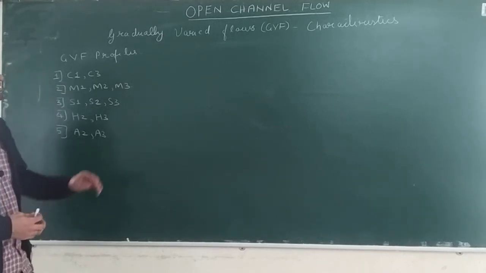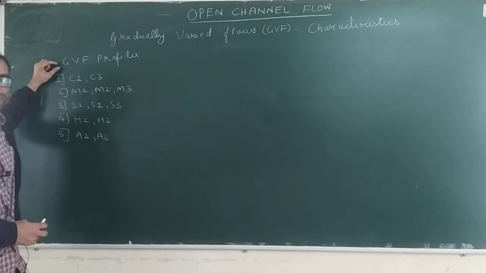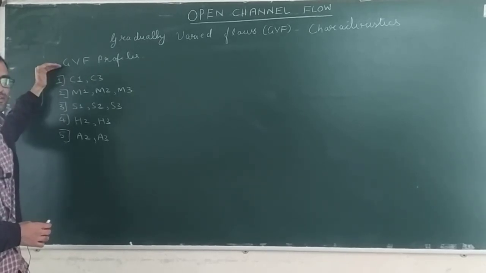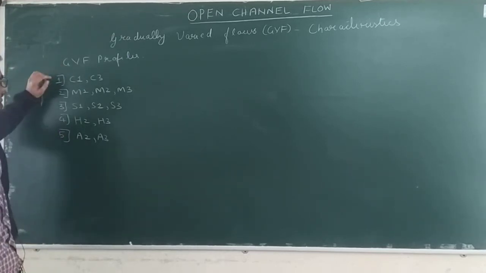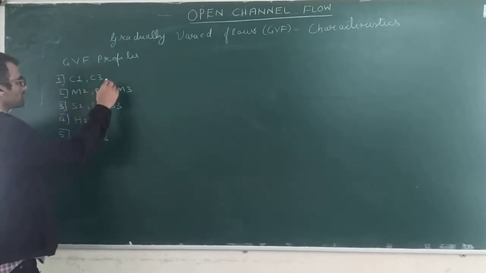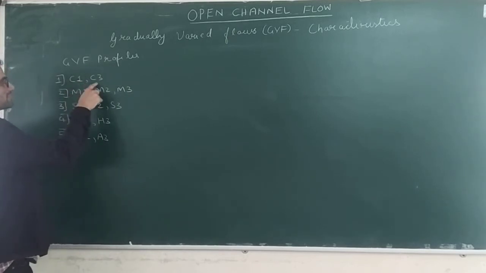Hello everyone. Last time we discussed the various classifications of GVF profiles. We classified the GVF profiles based on the slopes and flow zones. On critical slopes, we saw that there are two profiles possible, C1 and C3.